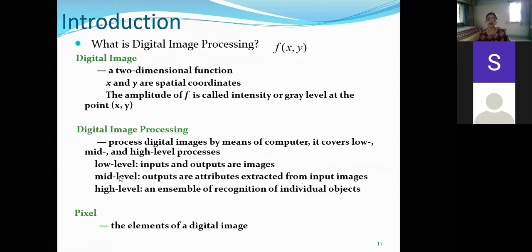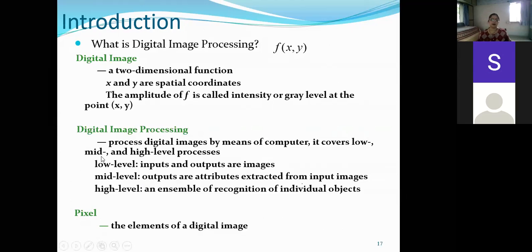So that is mid level processing. And third is understanding that text. Once we recognize the characters, from the group of characters we try to understand its meaning. So that is your high level processing.